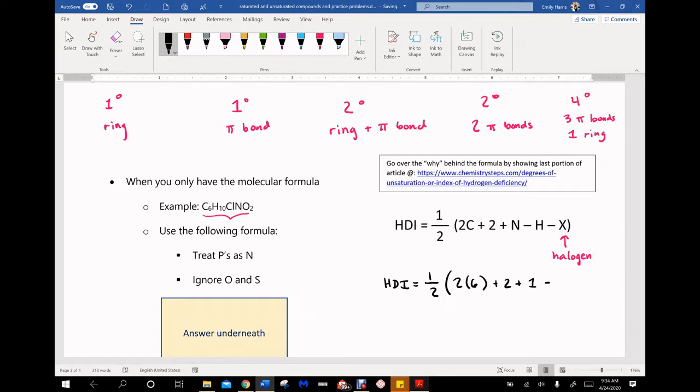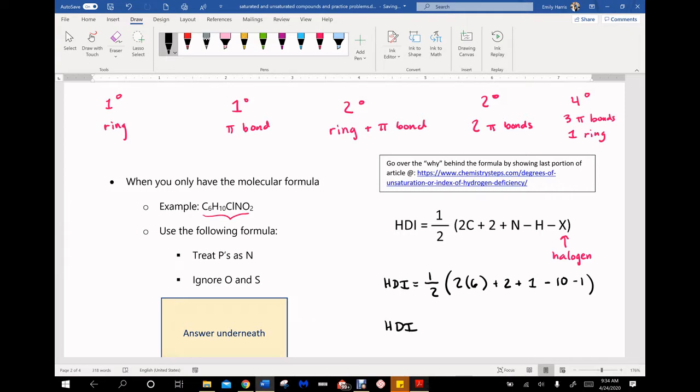In our formula, we have 10 hydrogens. Then you also subtract the number of halogens. In our formula, we have just 1 halogen, so we'll subtract 1. And if you'll notice, the oxygen has been ignored, and that's because it normally doesn't affect the degree of unsaturation.